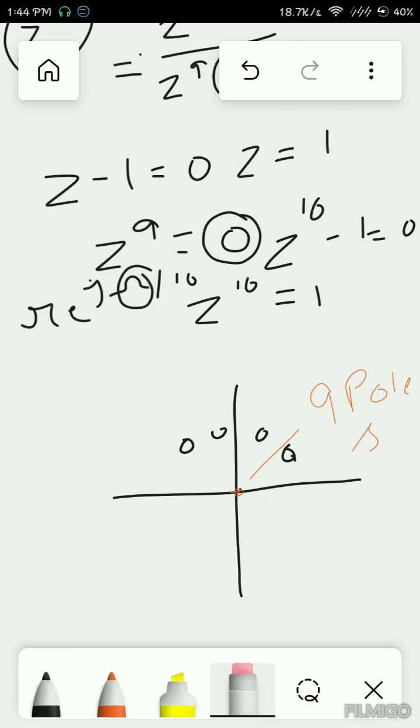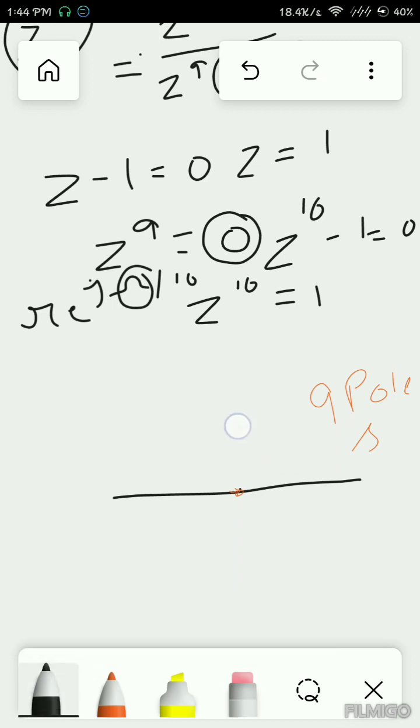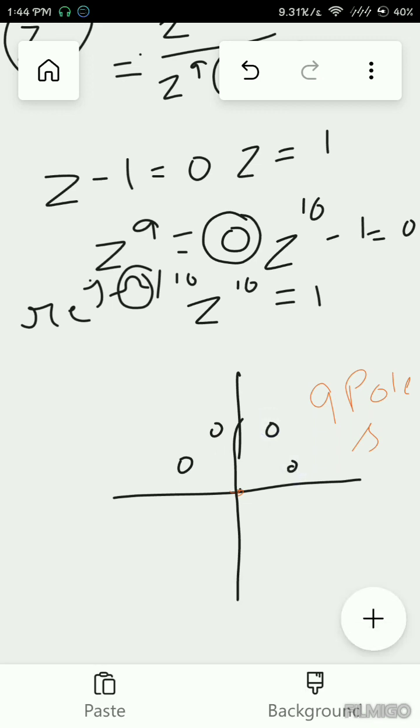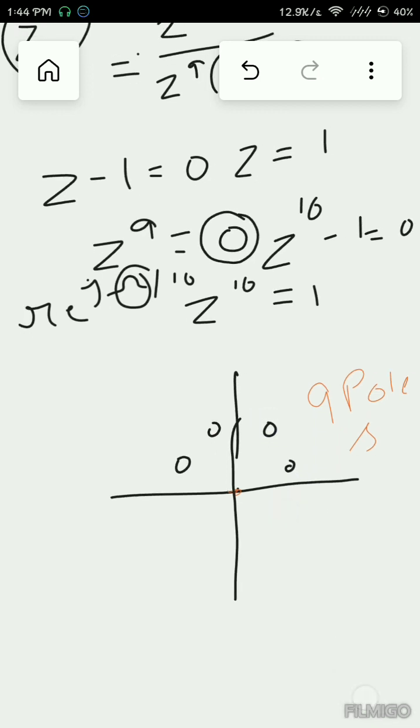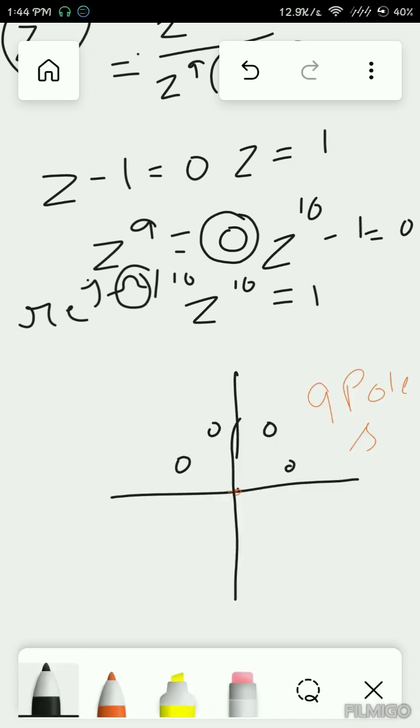Yes, I'll erase this. So you're going to draw a circle like this, marking each 36 degrees. Therefore you're going to get 1, 2, 3, 4, 5, 6, 7, 8, and here also you're going to write 1, and like that you're going to write 9.